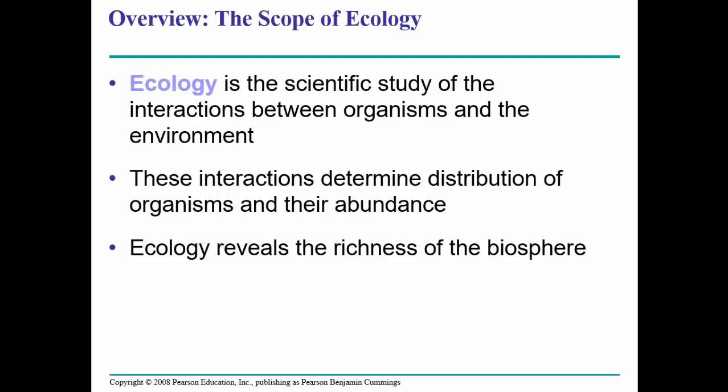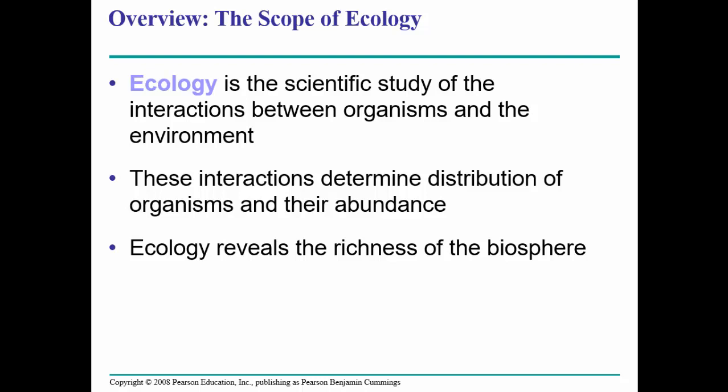And then, this study has the ability to determine how organisms are distributed and also their abundance. Simply said, abundance is the number; ecology can measure the number of organisms.